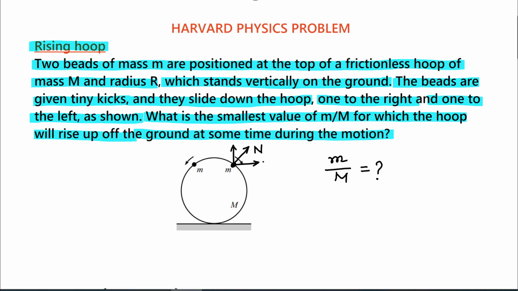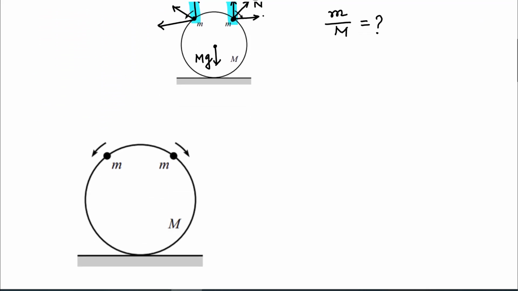So the vertical component of normal reaction has a tendency to lift this hoop, and a time will come when the vertical component from this side and the vertical component from this side add, and this will be equal to Mg. So at that point of time, this hoop will basically leave the ground and it will rise. So let us see how we can do this problem.